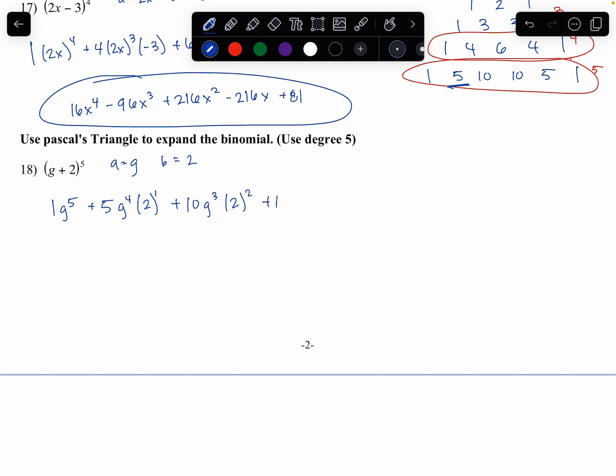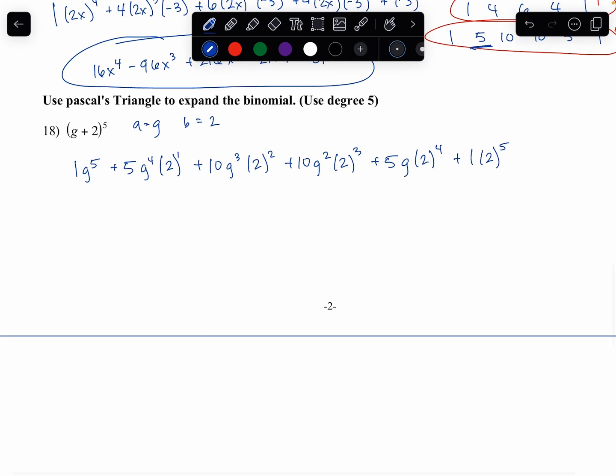Then plus 10, and then we're going to have g squared, and then we're going to have 2 to the 3rd, and then plus 5. G is going to be to the 1st power, 2 is going to be to the 4th power, and then plus 1. We're not going to have a g this time. We're just going to have 2 to the 5th power.